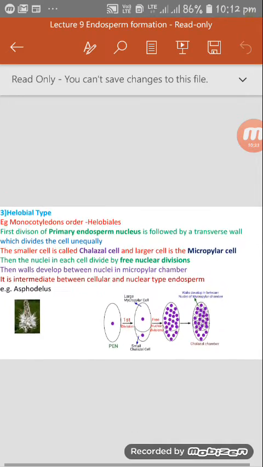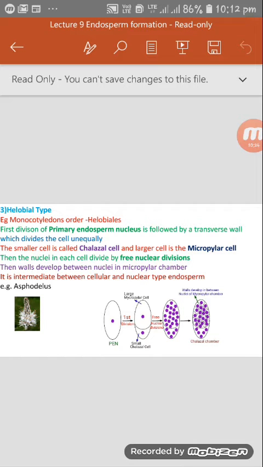Then the nuclei in each cell divide by free nuclear division. Then walls develop between nuclei in the micropylar chamber.